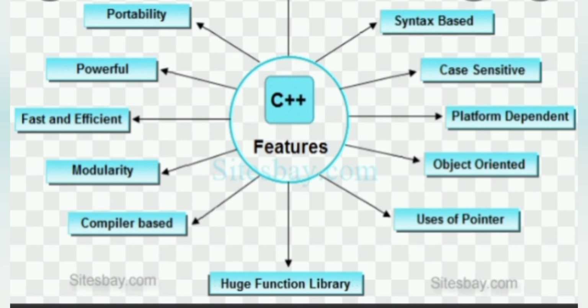C++ is an example of object oriented, but C++ also has many other features: use of pointers, huge function library, compiler based, modularity, fast and efficient, power, portability. There are also many more features in C++, but some are given on the screen.